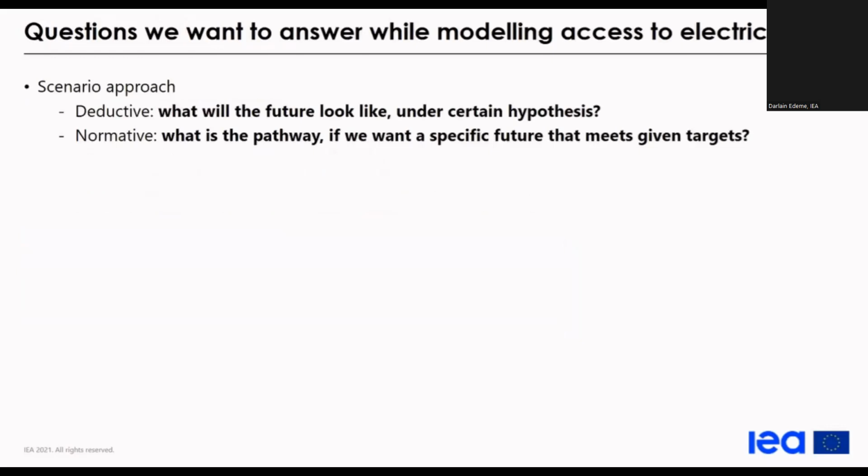For example, if the currently announced policies are effectively implemented, if the known technologies are developing as we expect. Or we can take a normative approach. What is the pathway if we want a specific future to meet given targets? For example, what's the trajectory between now and 2030 if we want universal access to electricity by the end of the decade?